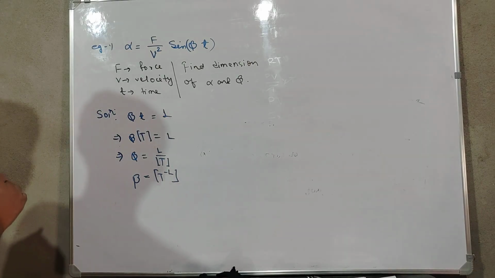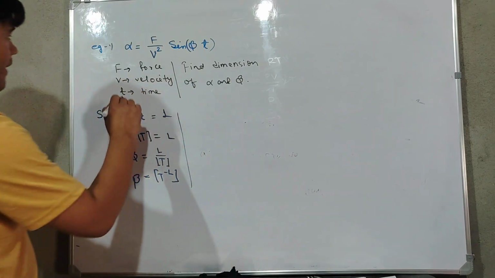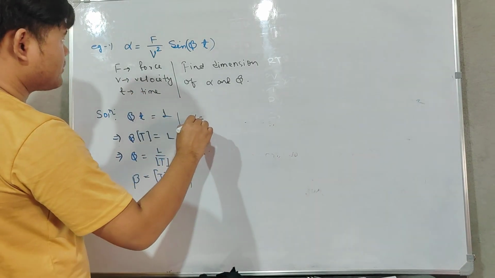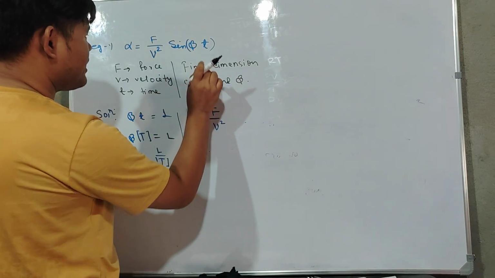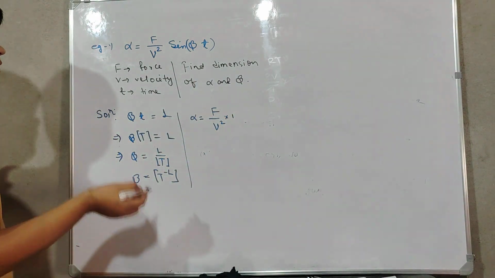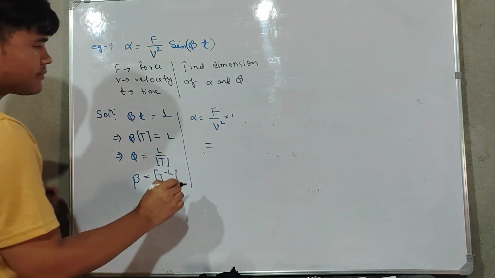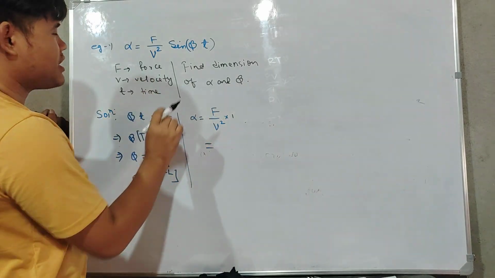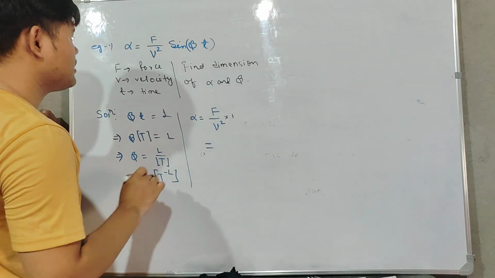Next, we'll find out alpha. Very easy. Alpha is equal to F by V square. The sine beta T as a whole is dimensionless, so it is one only. So we will leave it out. Now F. Yes, this is the principle of homogeneity: this and this term will have the same dimensions, right?